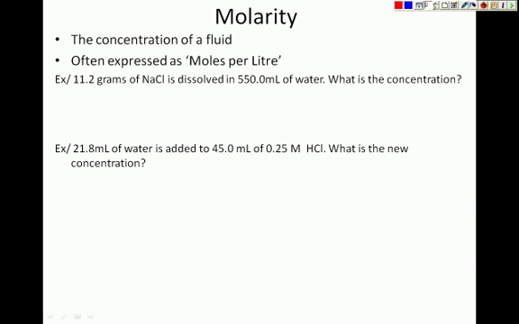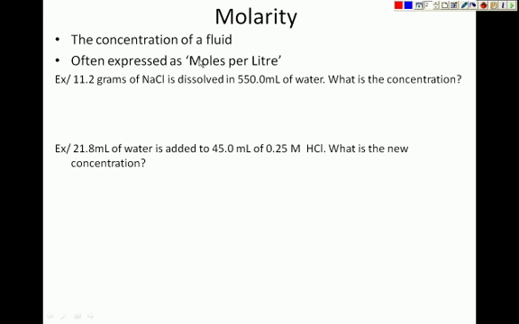Now, let's look at something like molarity. If you remember from Chemistry 11, molarity is the concentration of a fluid. Molarity is often expressed as moles per liter. So here we have an example of a mass of salt, or sodium chloride, that is dissolved in some water, or in other words 550 milliliters, and we're asked what is the concentration of this.